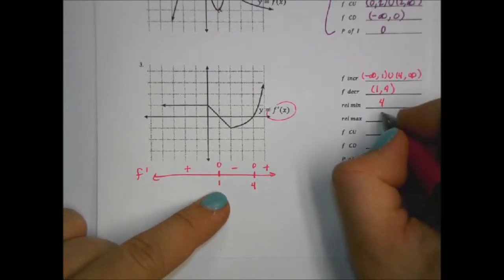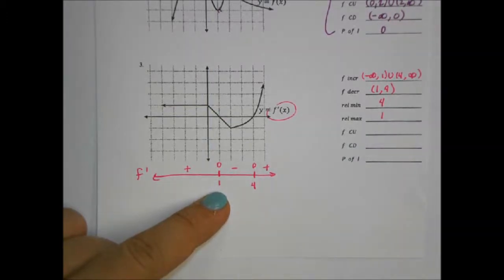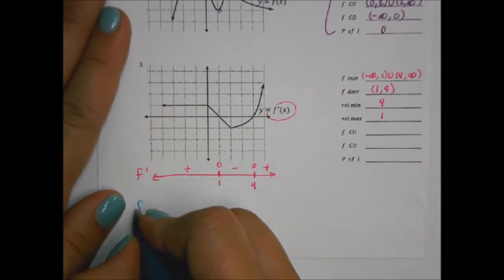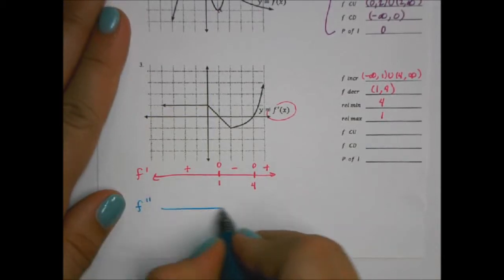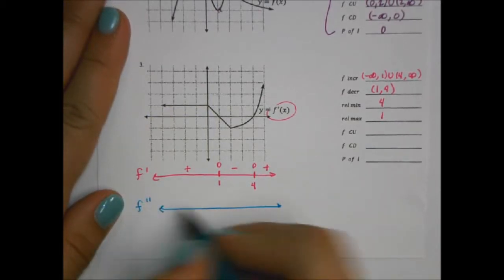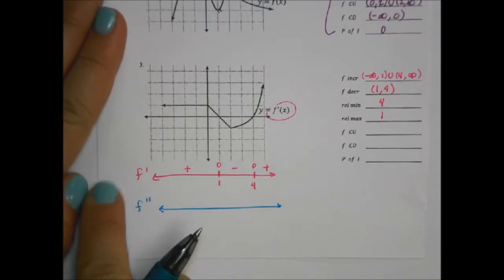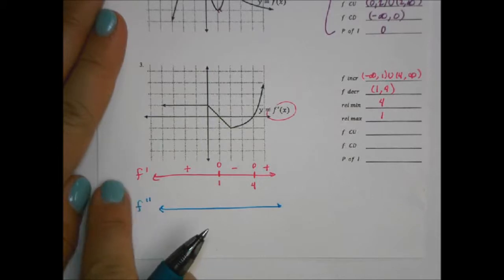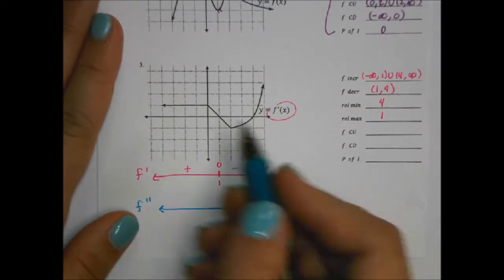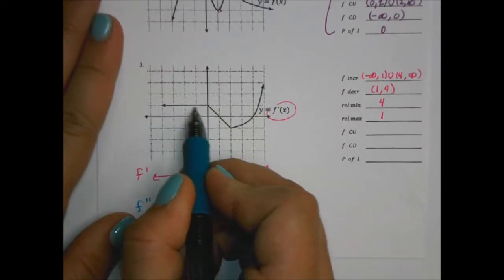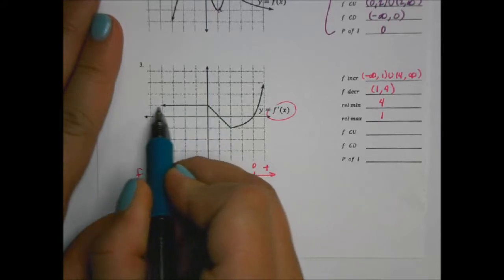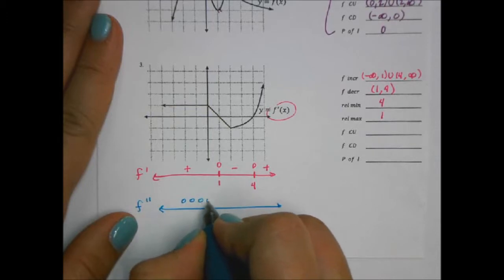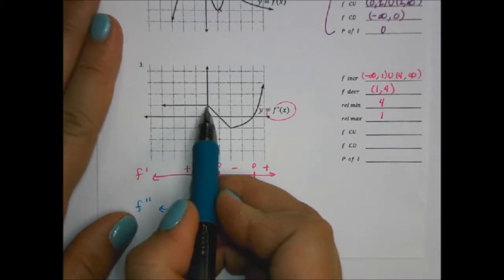Going to concavity and points of inflection, we need our second derivative. So above, we wrote down that to get to our second from our first is just one derivative away. And finding one derivative is finding the slope of the tangent line. So I'll notice the slope of every tangent line along the first part of this function is 0, until I get to an x value of 0.